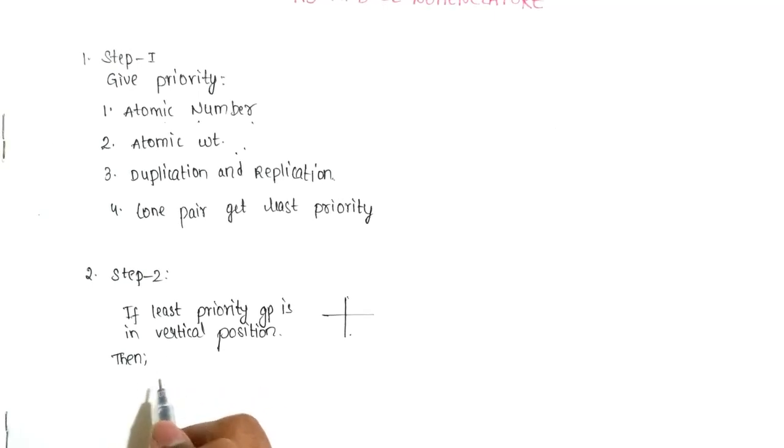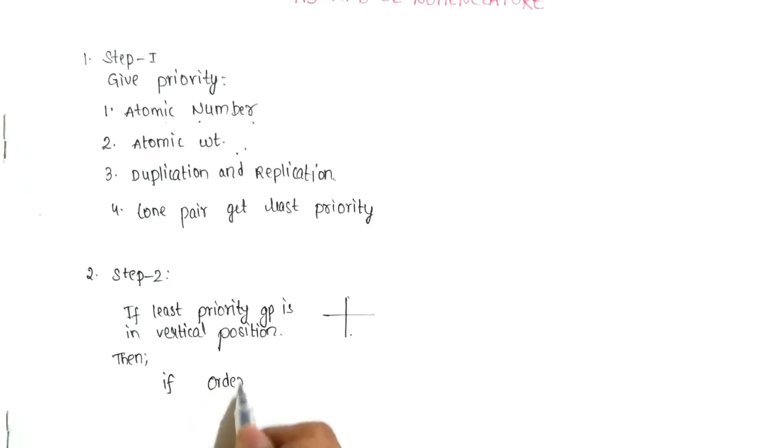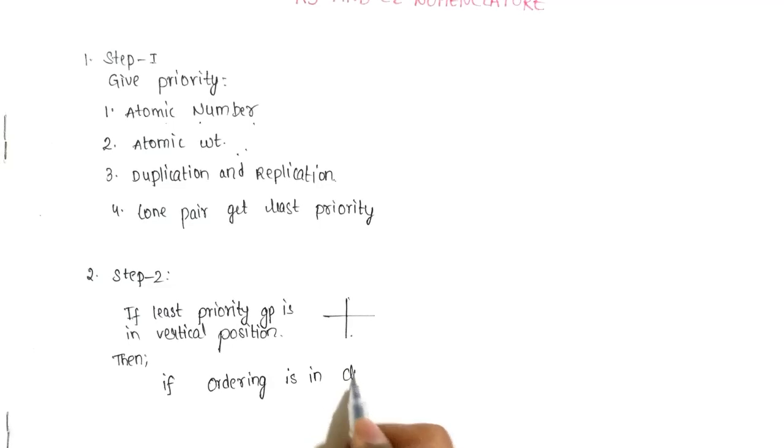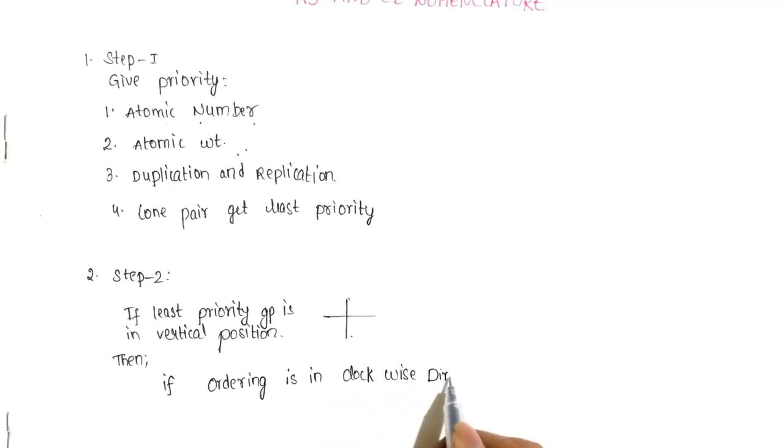That is, if the ordering number is in clockwise direction, then we call it an R configuration.